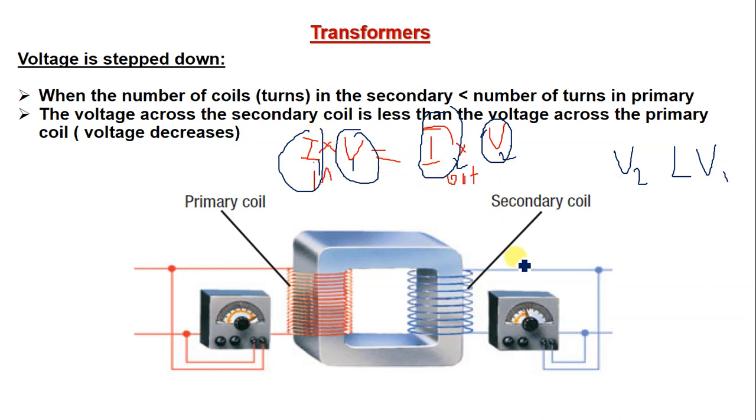The voltage given by the secondary coil is less than that of the primary coil, because this transformer is a step down. So the current here is more than the current here. The current is the opposite of the voltage.